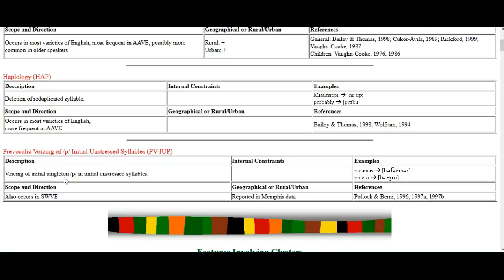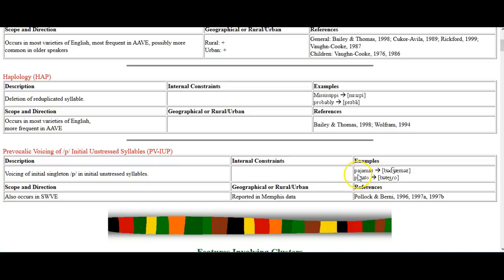So it's not like PR or SP, it's just a single P. In initial unstressed syllables, let's take a look. So when P is by itself in front of a vowel in an unstressed initial syllable, the first syllable of a word, it may actually get voiced.